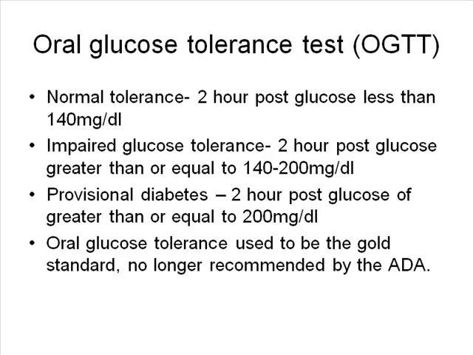All right, and remember how to give a tolerance. Normal tolerance, you want to make sure that your patient is less than 140 milligrams per dL, preferably in the normal range. Some labs have different cutoffs than other labs for actually doing a tolerance.